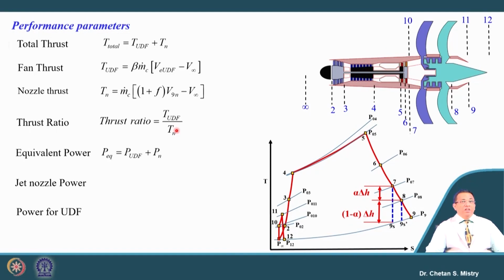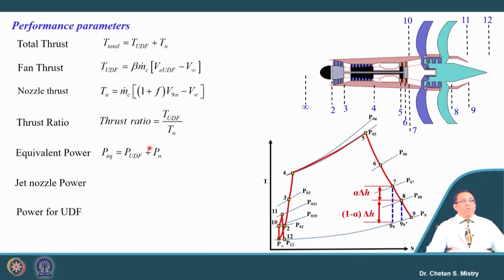Since here our major concern is a free turbine, and this free turbine is used to generate the power in order to rotate the unducted fan, that is the reason many researchers calculate equivalent power.